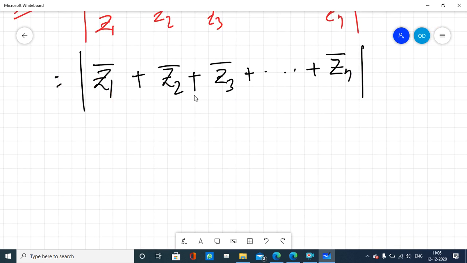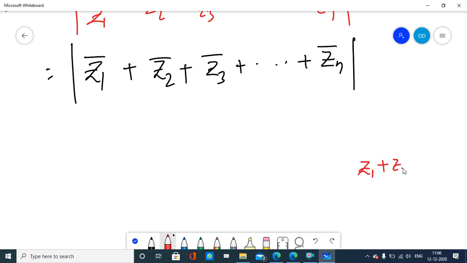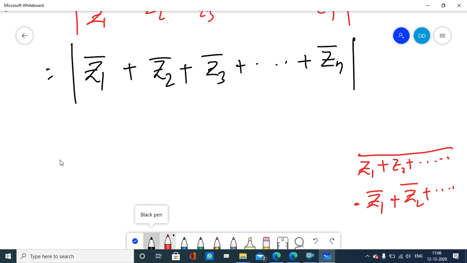Now, do you remember the properties of conjugate that we learned today itself? Any number of complex numbers I give you, add them and get the conjugate of the entire result, it is the same as the sum of the conjugates of the individual complex numbers.